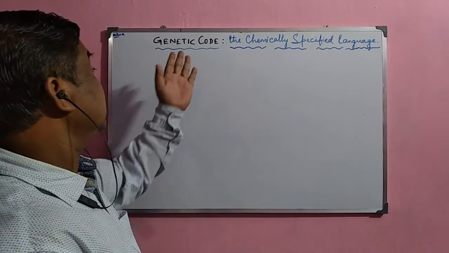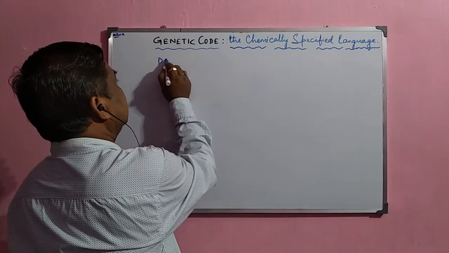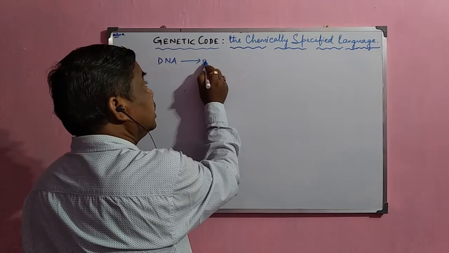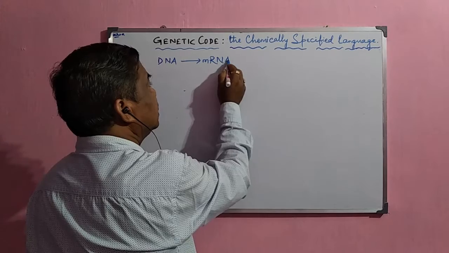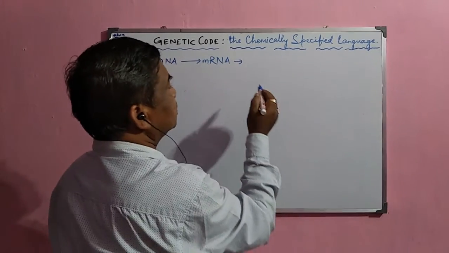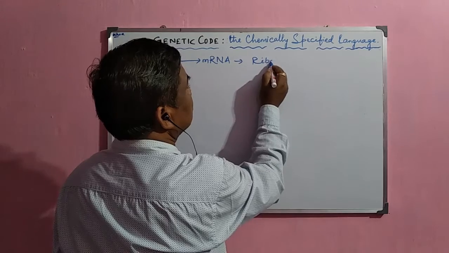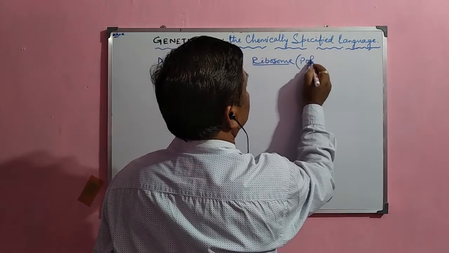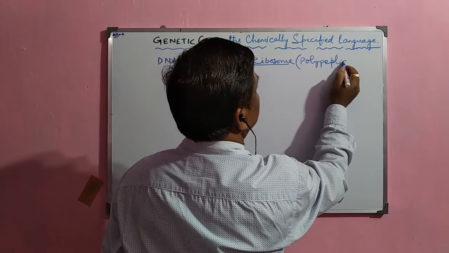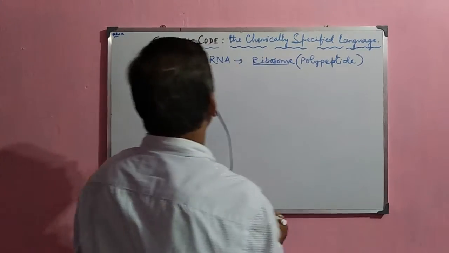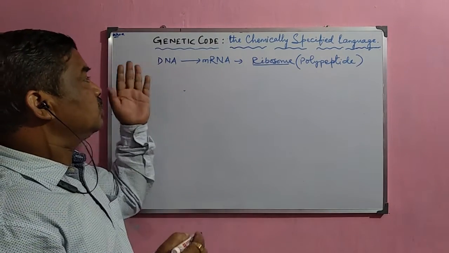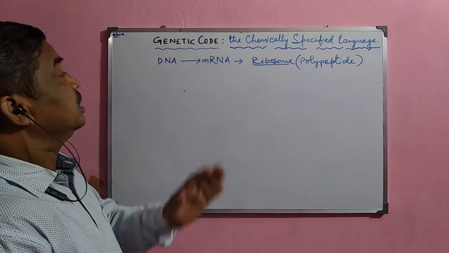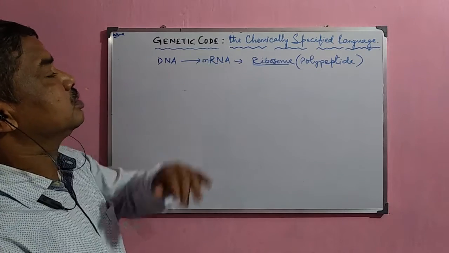That means this genetic code helps in the transmission of the message from the DNA to mRNA, the messenger RNA, and this messenger RNA sends the message to the ribosome molecule, where the synthesis of the polypeptide chain occurs. Now the question arises, in which form does the DNA transmit the message to the mRNA, and the mRNA transmit the message to the ribosome?